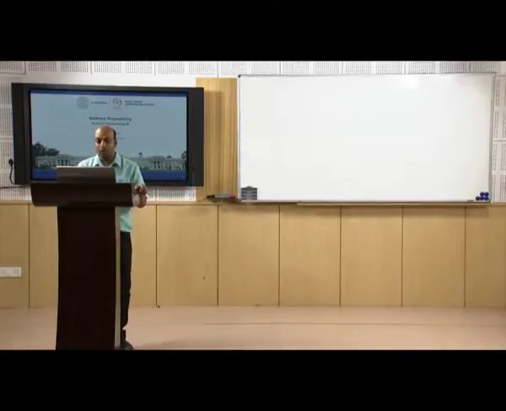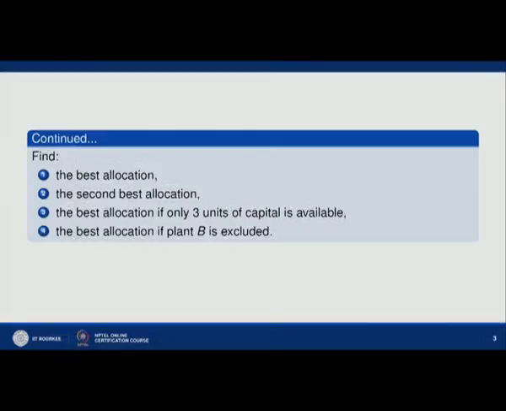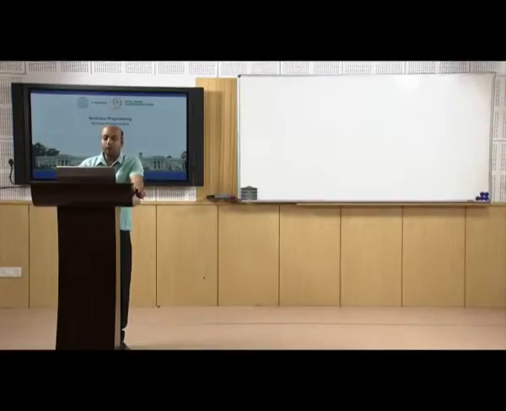So we have to find the best allocation, the second best allocation, the best allocation if only 3 units of capital are available, and the best allocation if plant B is excluded. These problems can be solved using the same approach. So let us see how we can solve it.